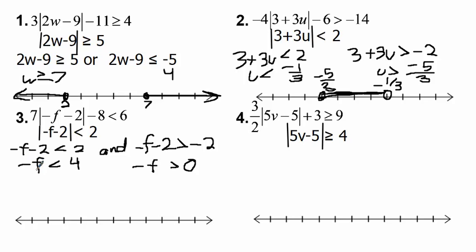That negative in front of the f is going to end up giving me a division by -1. And when I divide by a negative, I have to flip the sign. This sign right here gets flipped. -4. And even though I don't actually change my number here, I still have to flip my sign. So I have 0 and -4.